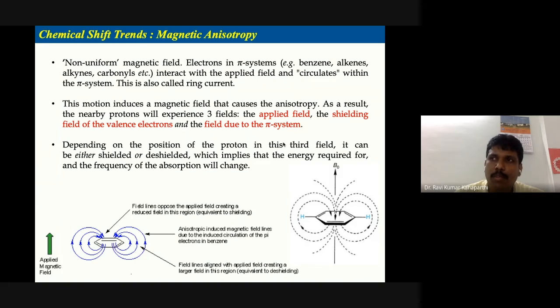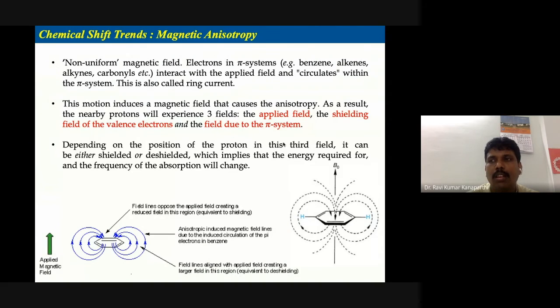The alkane proton in ethane is normally observed at 0.8 or 0.9 ppm. What about the alkene protons? The ethylene molecule resonates at 5.25. So from 0.9 to 5.25, there is almost a 4.5 ppm jump in the chemical shift value.